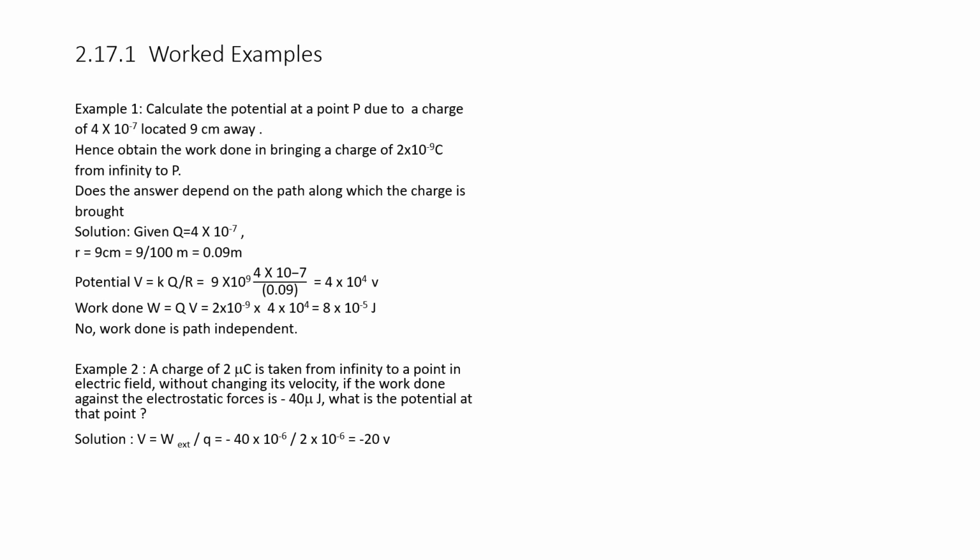That is equal to minus 20 volts. So the potential at that point is V is equal to minus 20 volts. Please note, we have to always put the signs of work done and Q. Here work done is against the force, hence we have to put a minus sign.